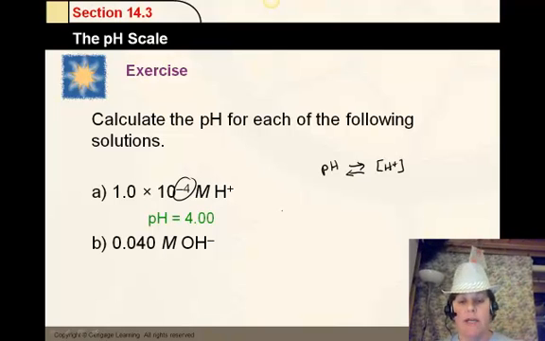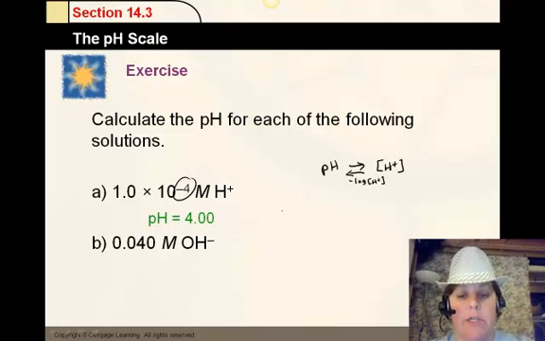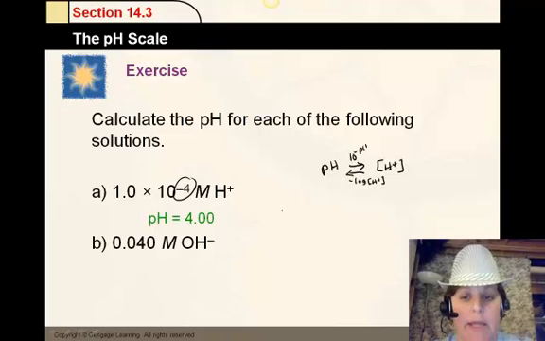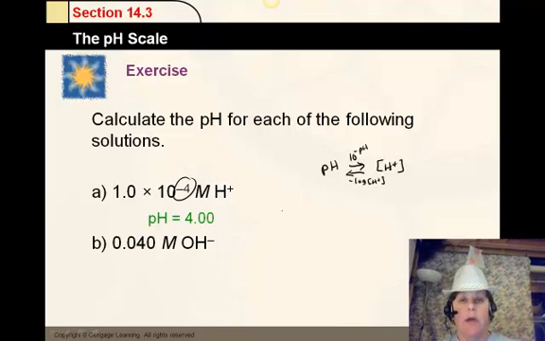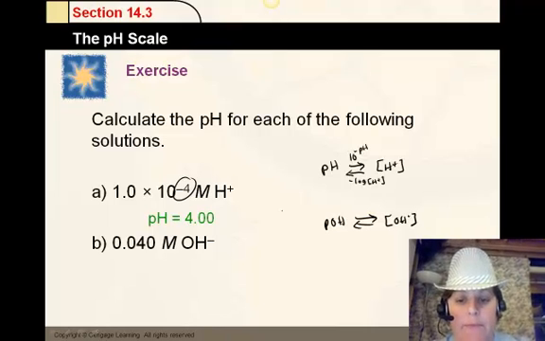Well, if I have hydrogen ion concentration and we go to pH, we take the negative log of the hydrogen ion concentration, and that's the pH. And to go the other way, we say 10 to the negative pH, and that gets us to hydrogen ion concentration. We can also go pOH to the concentration of OH negative, and back.